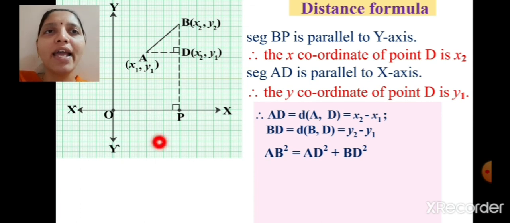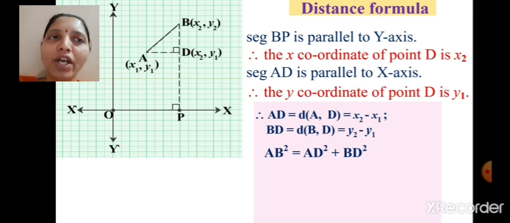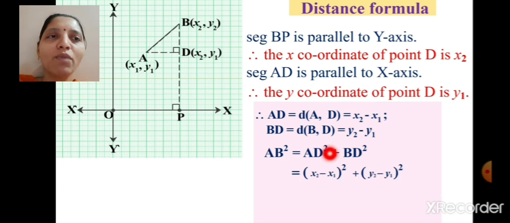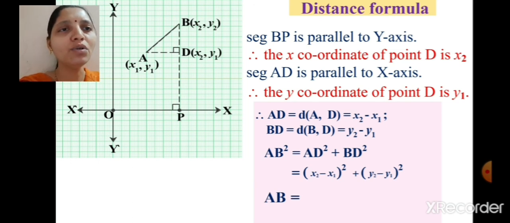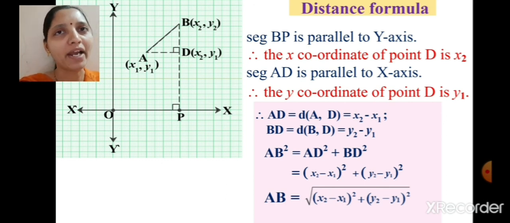You will get AB square, that is hypotenuse square, is equal to side 1 square plus side 2 square, so AD square plus BD square. Now substitute the values here: x2 minus x1 bracket square plus y2 minus y1 bracket square. Now by taking the square root on both sides, what you will get? AB is equal to square root of x2 minus x1 bracket square plus y2 minus y1 bracket square.